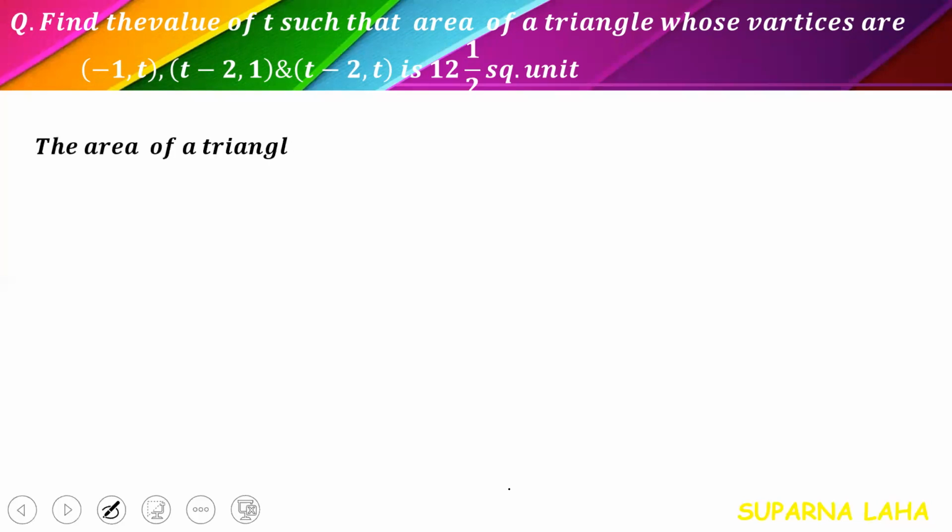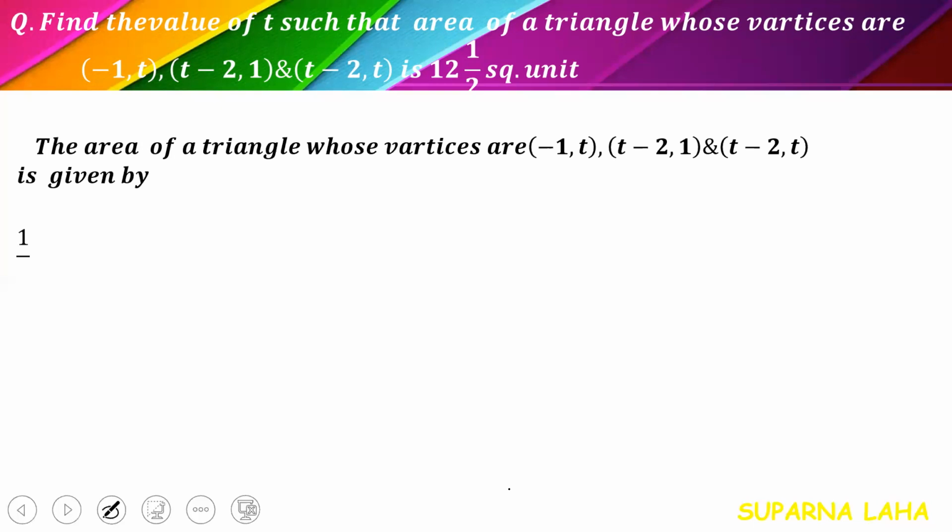The area of the triangle with these 3 points is half into this determinant: minus 1, T, 1; T minus 2, 1, 1; T minus 2, T, 1, and this value is 12.5 square units.